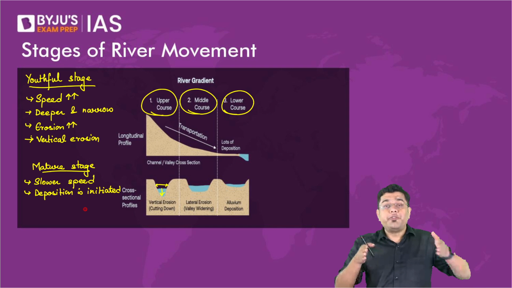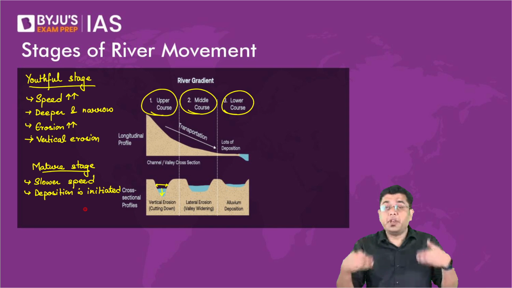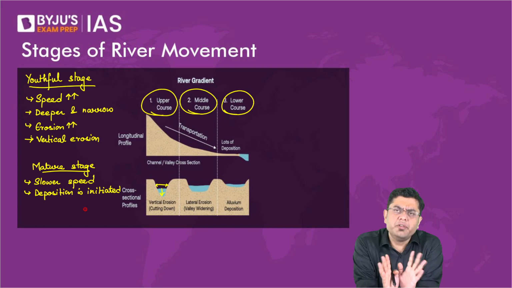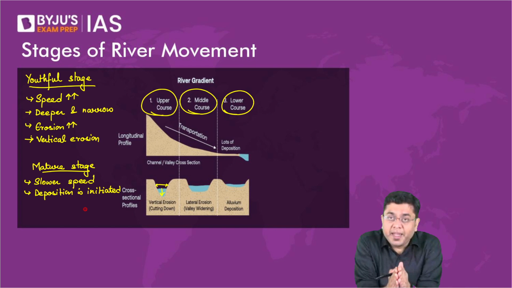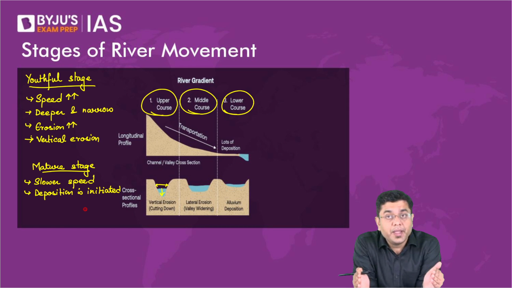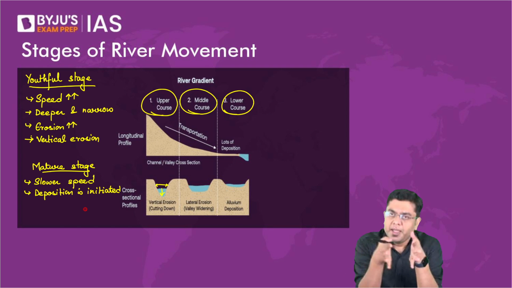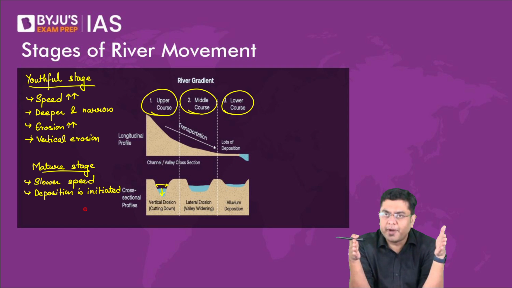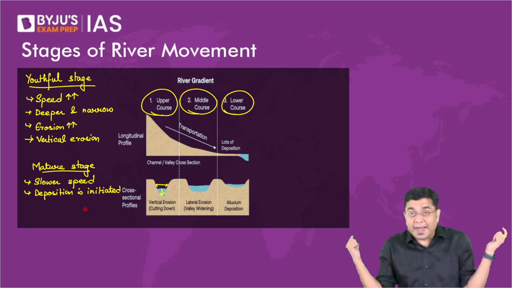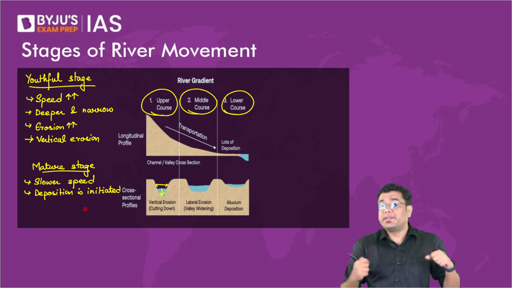But here, when you observe any river that you would have witnessed in the plains, the river gets wider. It gets very, very wide, isn't it? So there is a horizontal widening of the river. In the youthful stage, you had a vertical deepening of the river. Here you have a horizontal widening because horizontal erosion is carried out.